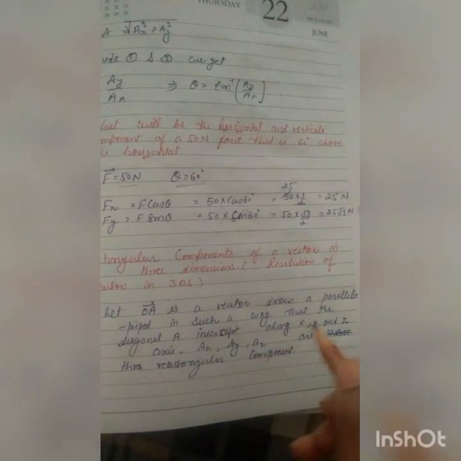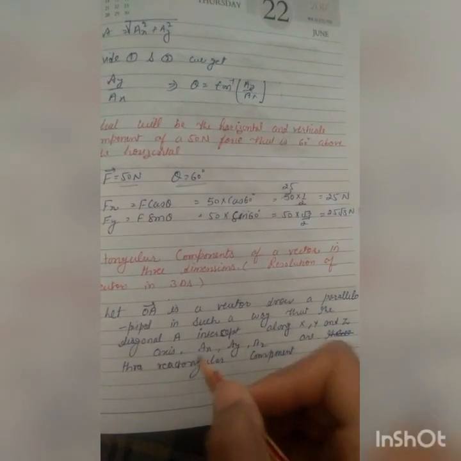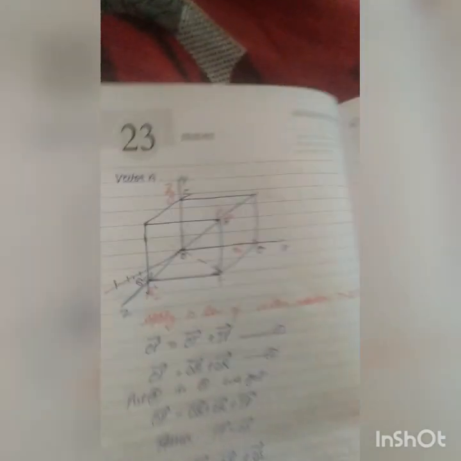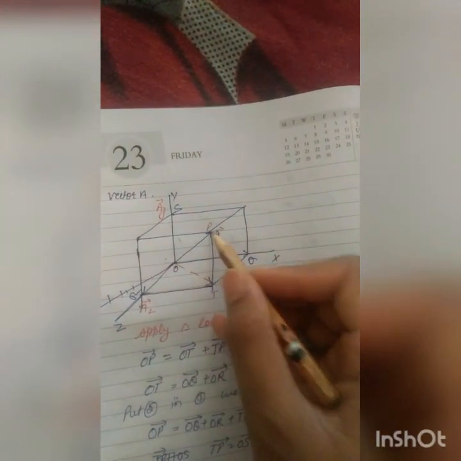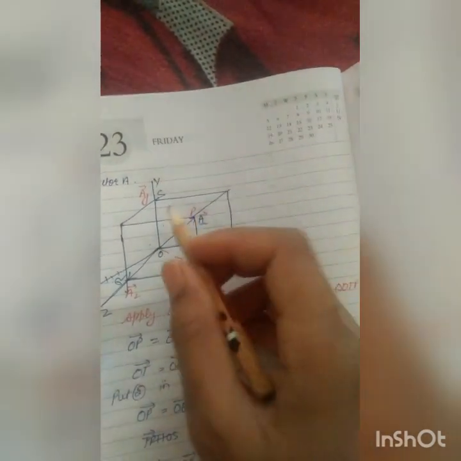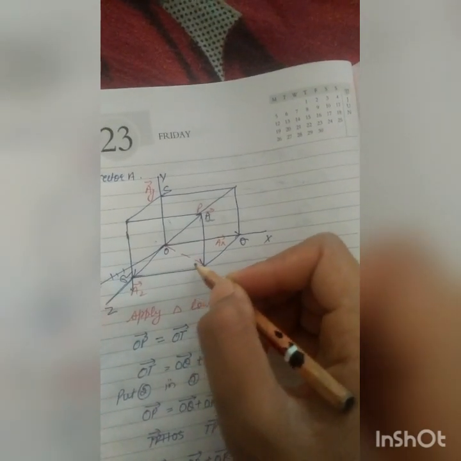A intercepts along the x-axis, y-axis and z-axis. AX, AY, AZ are the three rectangular components of the vector OA, which is represented by A. OP represents the vector A. Draw a parallelepiped in such a way that the x-axis, y-axis and z-axis intercept with this parallelepiped.